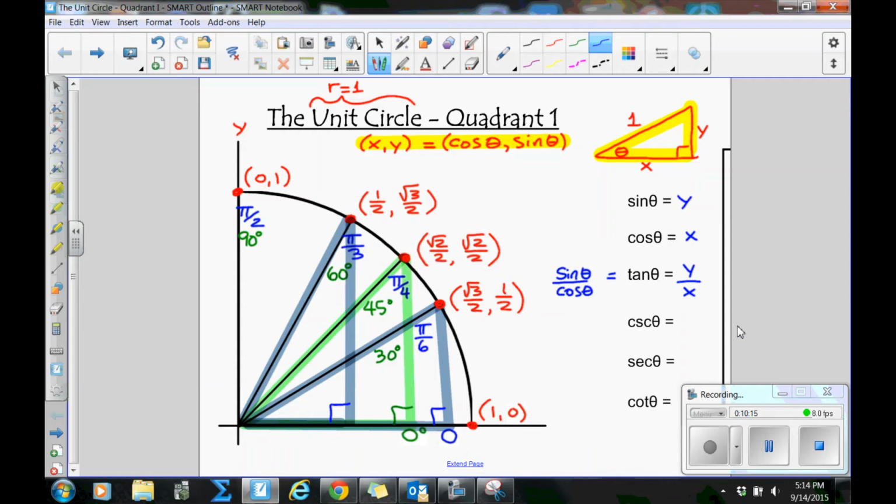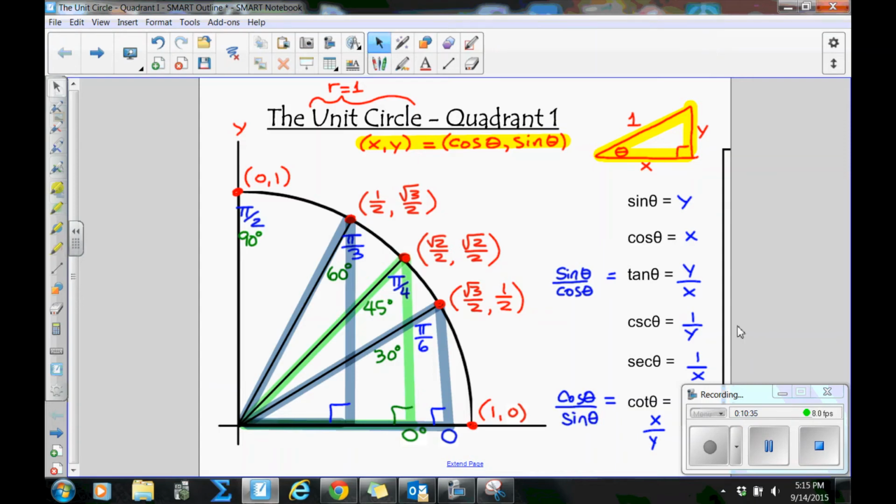Cosecant of theta is the reciprocal of sine, secant of theta is the reciprocal of cosine, and cotangent of theta is the reciprocal of tangent, which also could be thought of as cosine over sine. A lot of connections that we're hearing throughout the study of trigonometry.